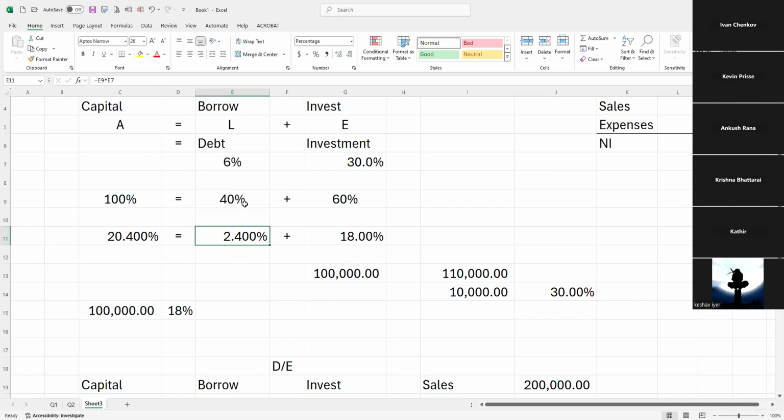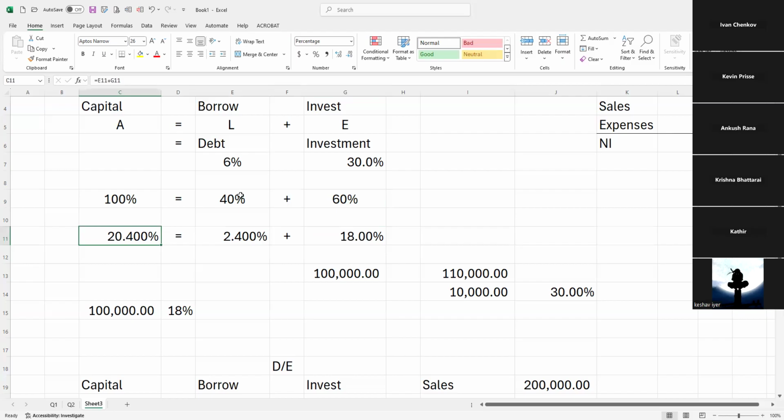Because I'm borrowing only 40% of my capital, and for those 40%, I'm paying 6% interest. What's the weighted average cost of my investment? Well, I'm investing only 60%, and for the investment I'm paying 30%. My cost of the investment is 18%. So the weighted average cost of my capital is 20.4%.